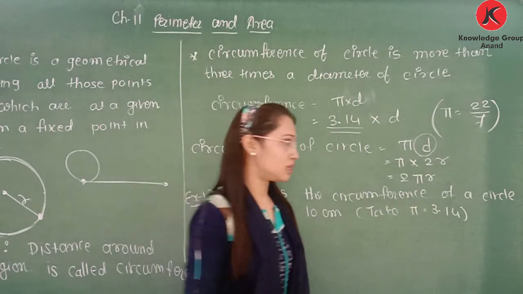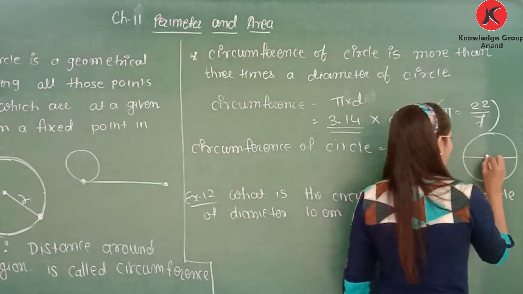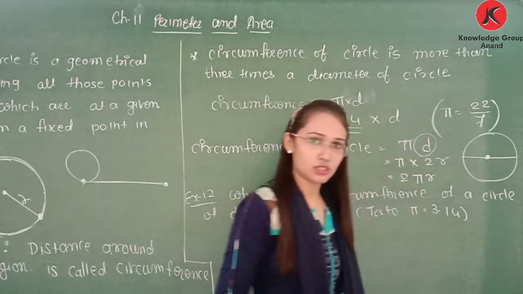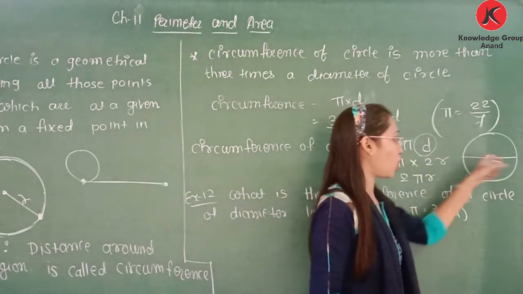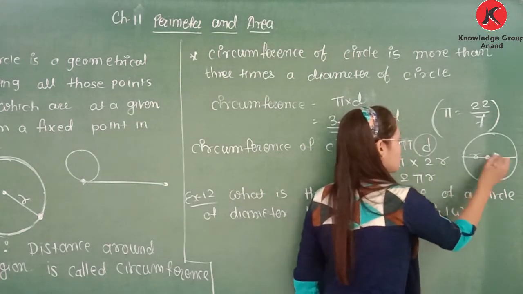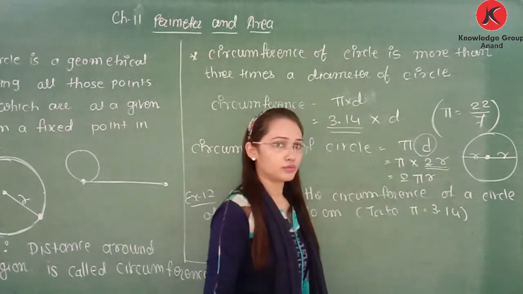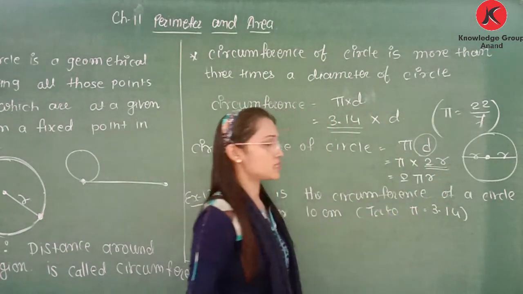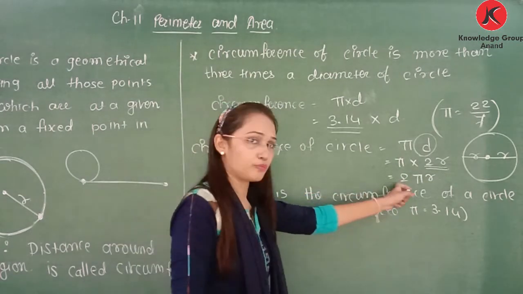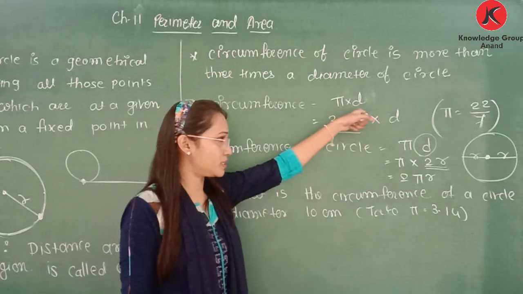In a circle, the line that passes through the center and whose endpoints are on the circle becomes a diameter. So the diameter is 2 times the radius, that's why d is 2r. So another equation for the circumference of a circle is 2 pi r. If the diameter is given, then you can take pi multiplied by d.